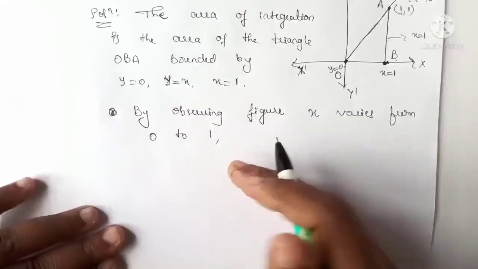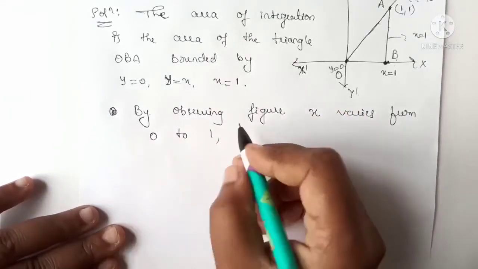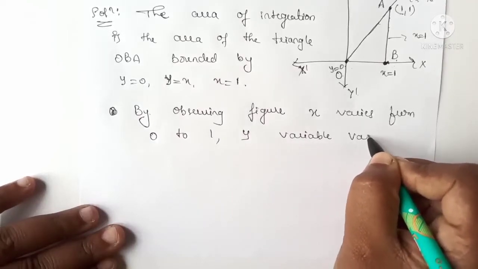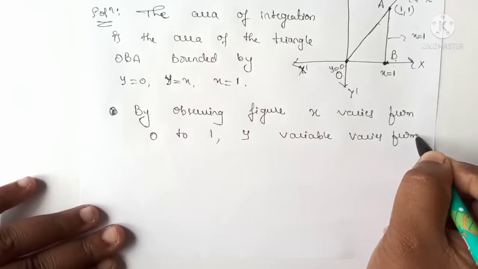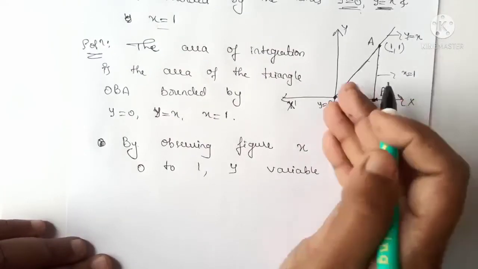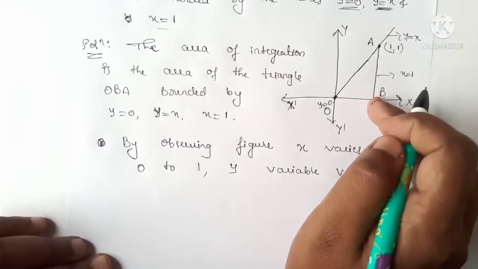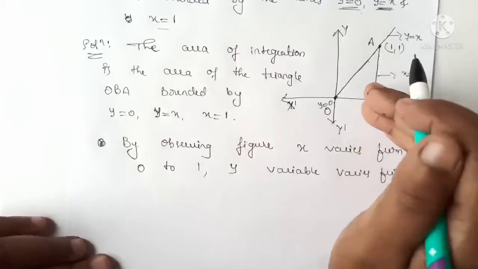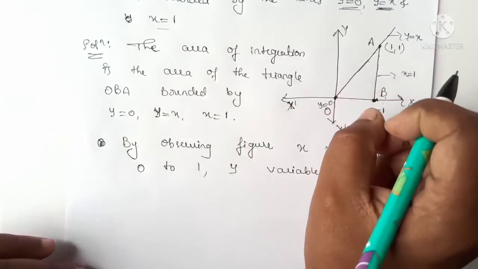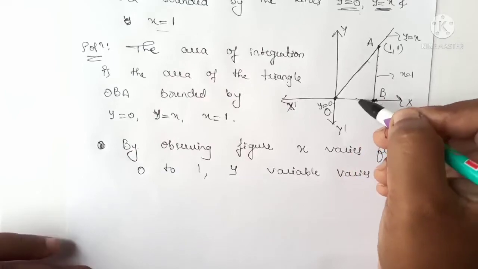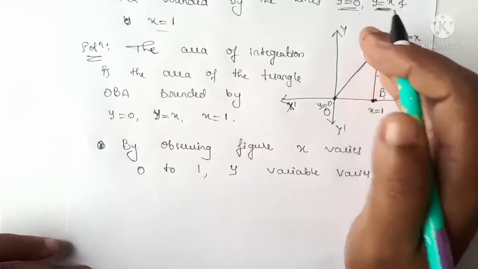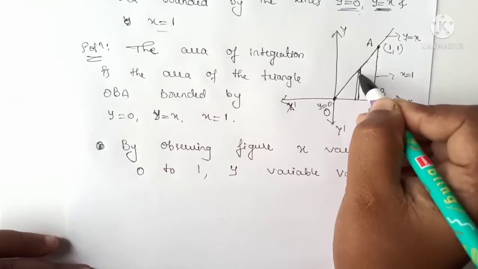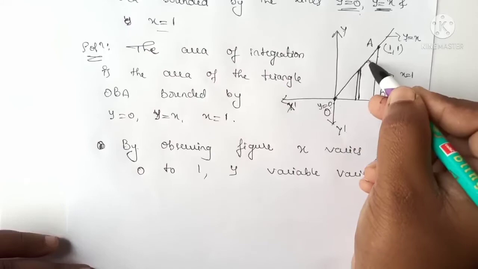So obviously according to this, the variable y varies from, see here, as x varies from 0 to 1, we have taken x from left to right. So now we are taking the variable y. We have to write the strip for the variable. We are taking the y variable, that means parallel to the y-axis, so we are taking it vertically. So this line represents y equals 0 to, this line represents y equals x.